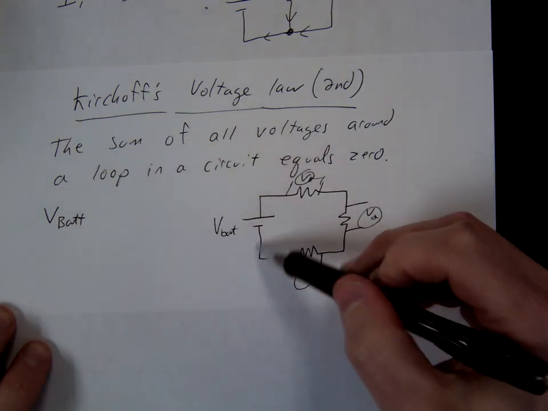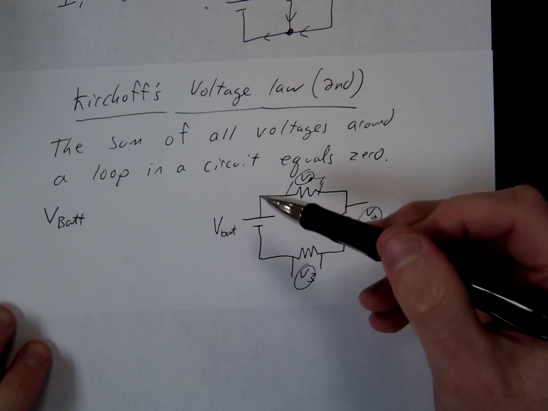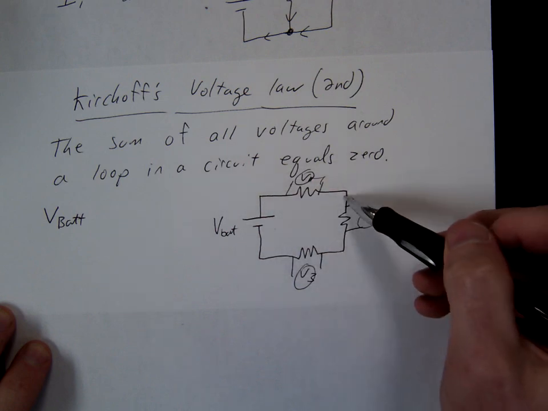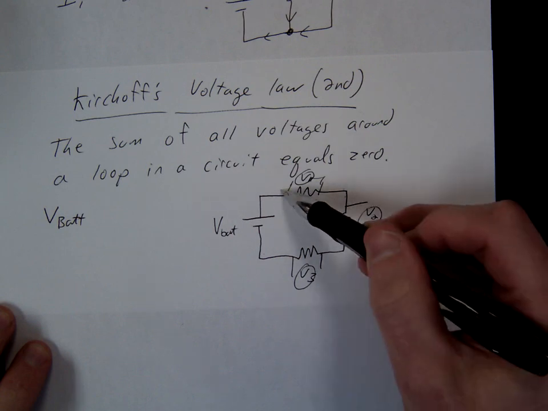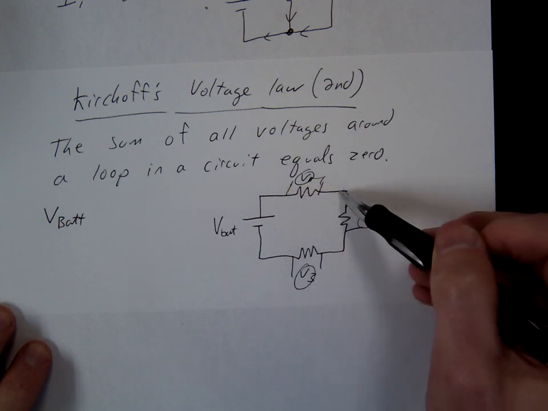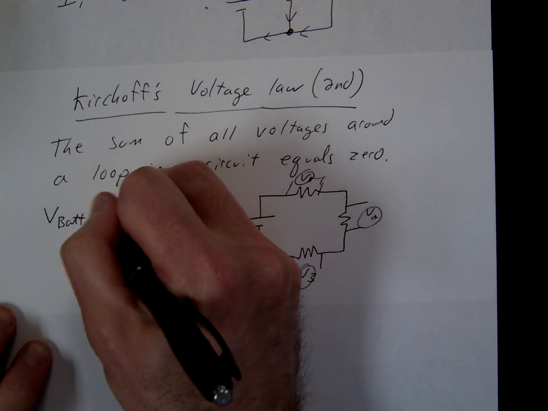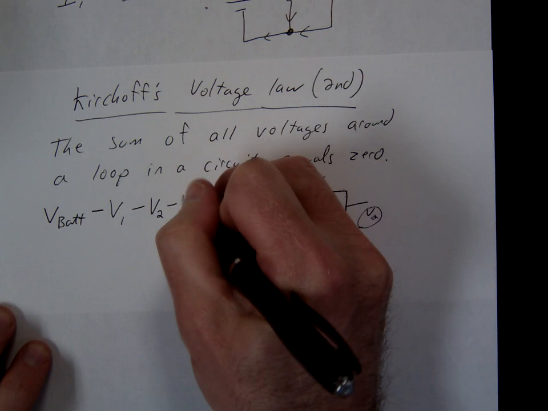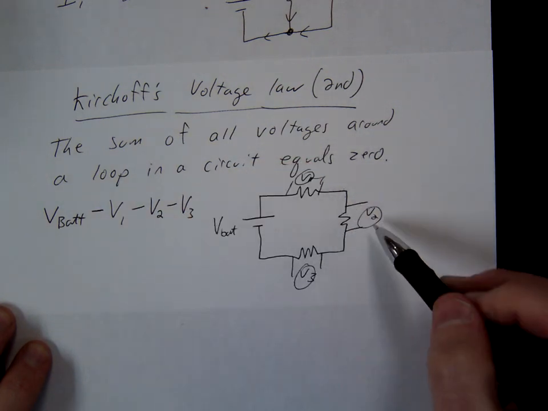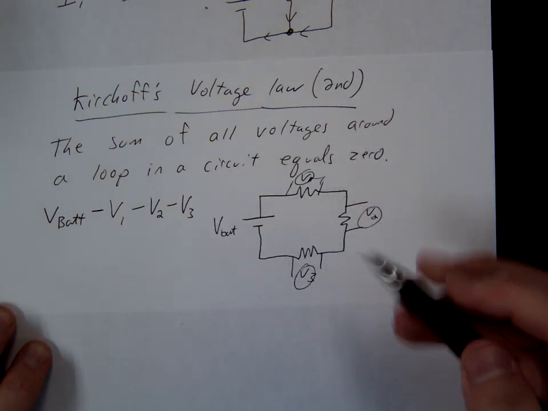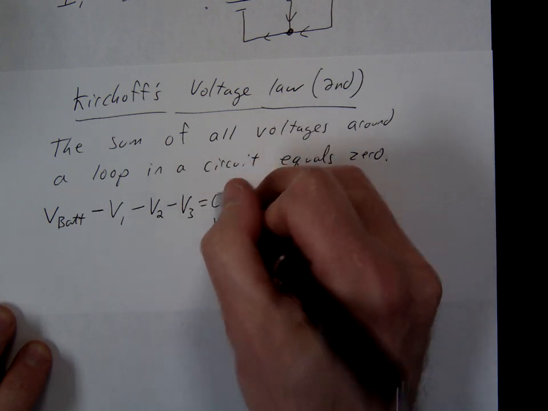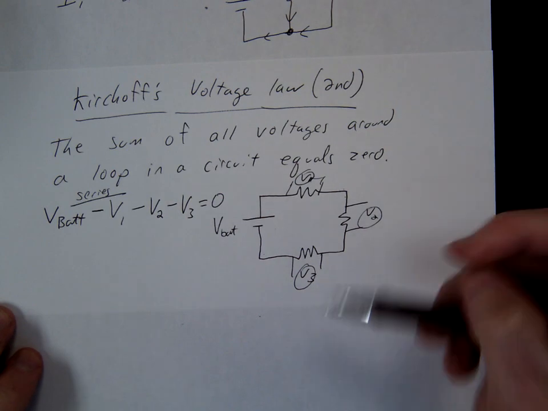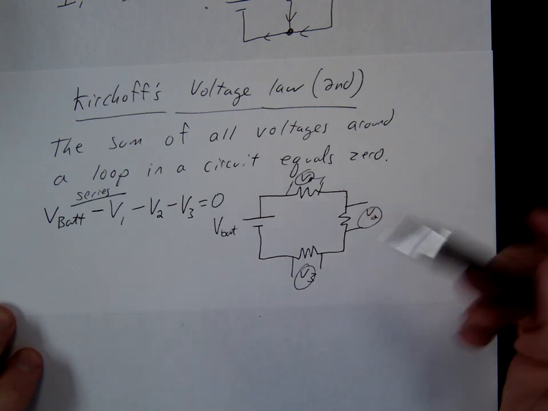Now this increases voltage. A battery is going to increase the potential from here to here. And then when it drops across a resistor, what happens to the voltage? It decreases. It goes down. So you would say V bat minus V1 minus V2 minus V3, what should that equal? 0.